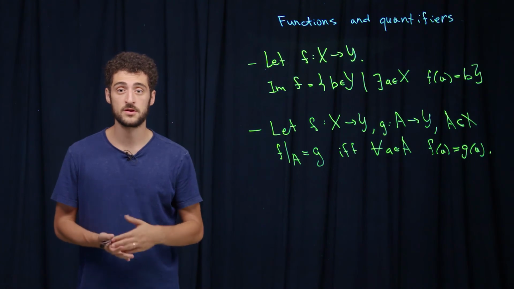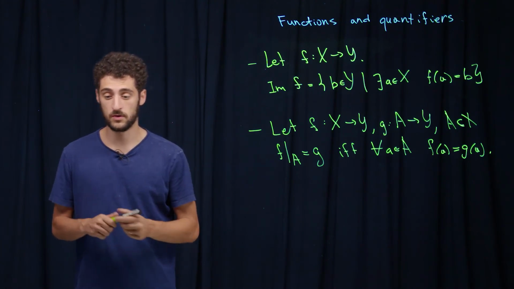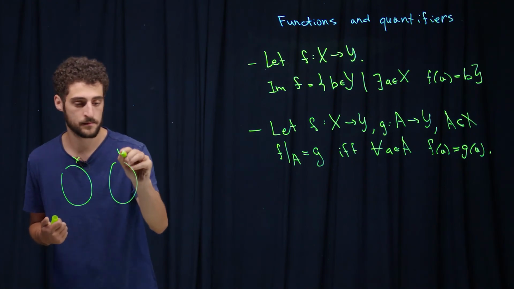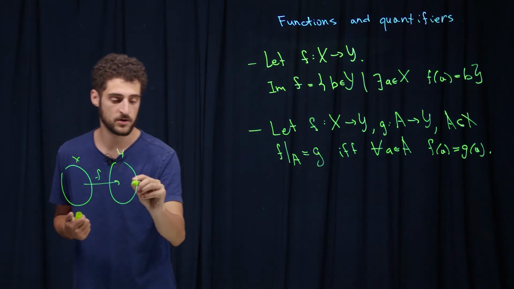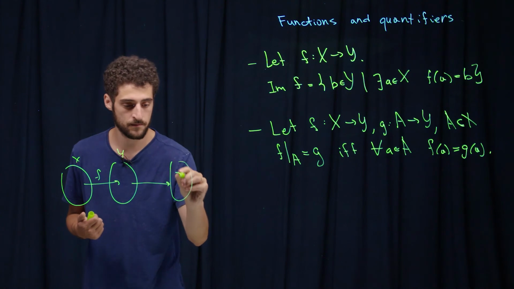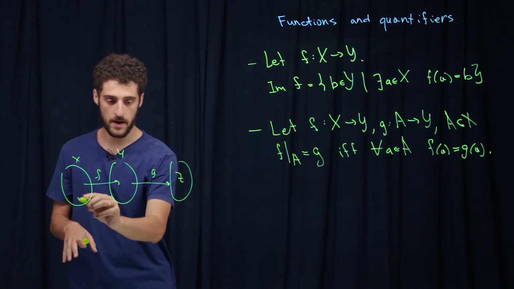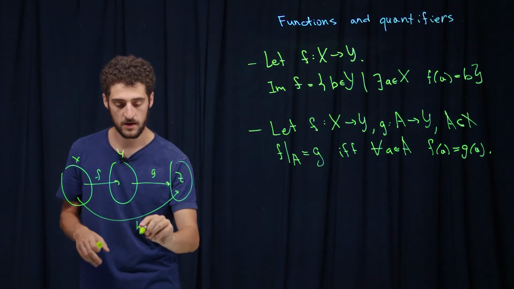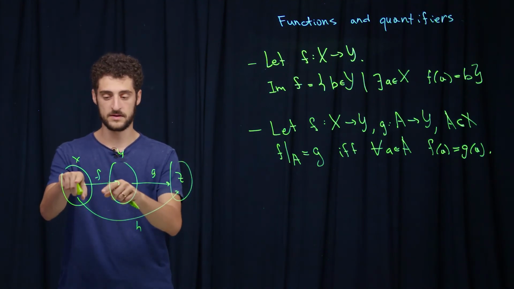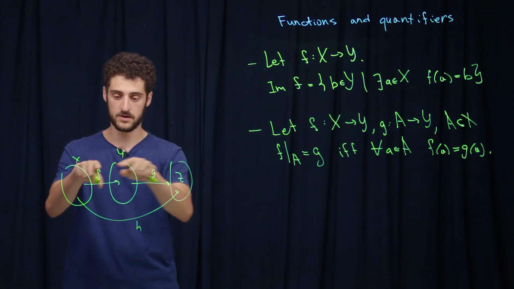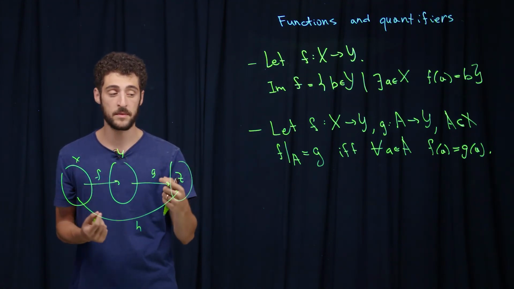Finally, the third definition is the definition of a composition. So let's imagine that you have a function f from x to y, and you have a function g from y to z. Then the function h from x to z, such that the value of this element is equal to the same as if you go via these two functions, is the composition of them.